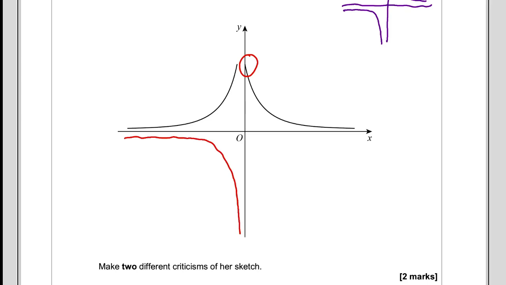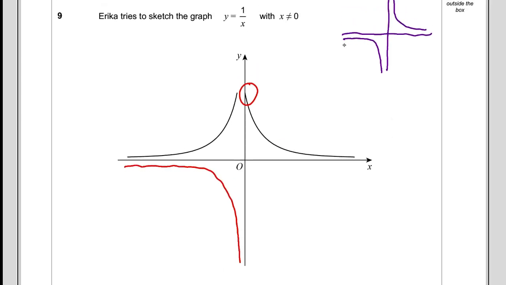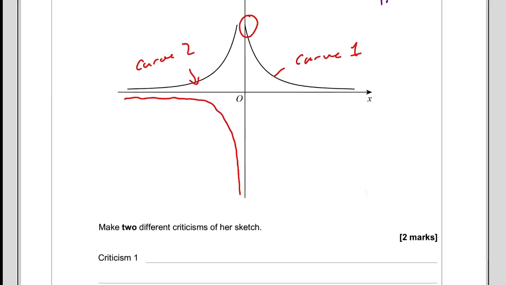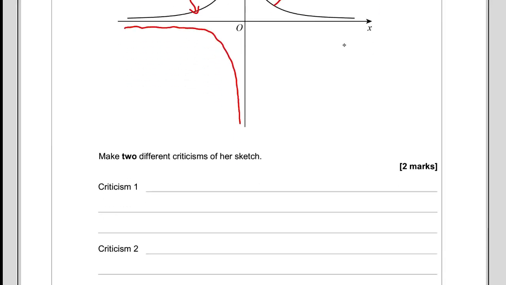So the way I'm going to do this, I'm going to call this curve 1 and curve 2. I'm going to say my first issue is that curve 1 should not touch the y-axis.